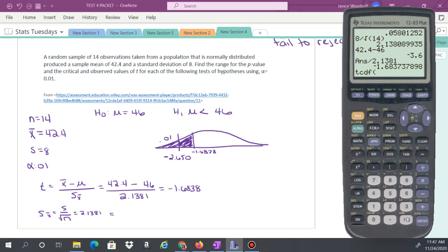Lower limit, negative 99, because you're going to the left. Upper limit, negative 1.684. Degrees of freedom, 14 minus 1, 13. That gives us a p-value of 0.058.